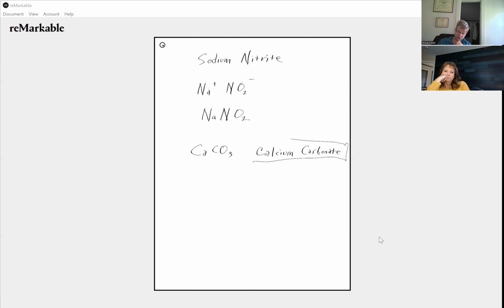Where do you find calcium carbonate? I bet you have it at home. There's a good chance you have it at home. What is it? Tums. It's an antacid. It's the active ingredient in many popular antacids. It is also chalk.